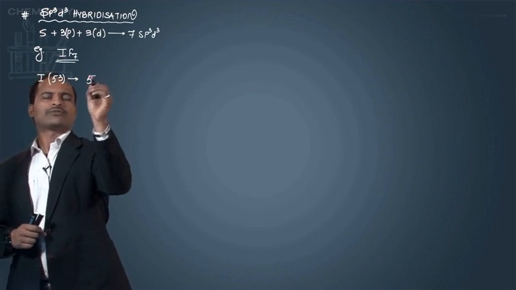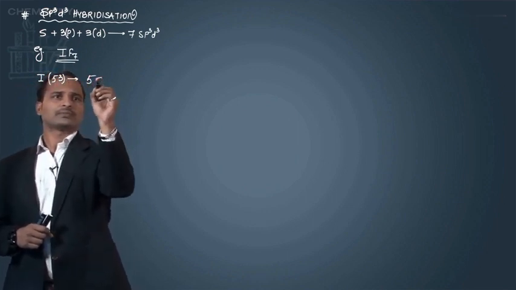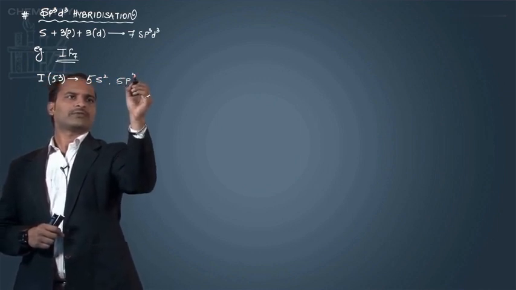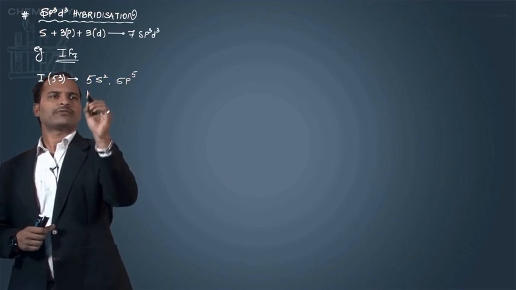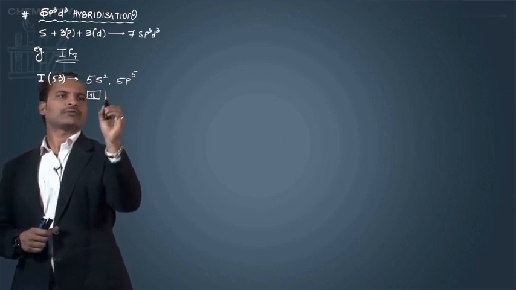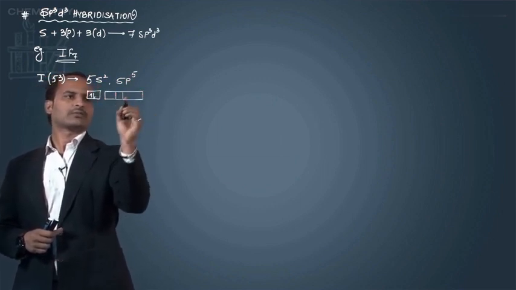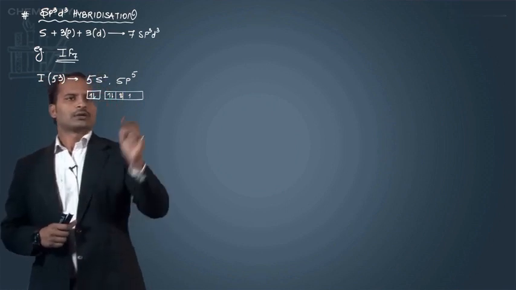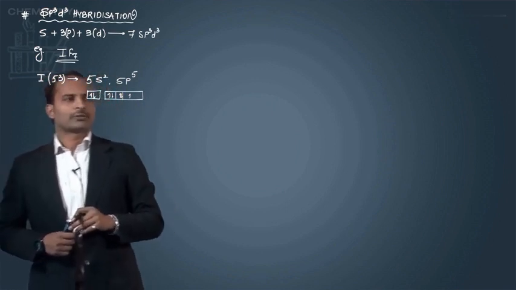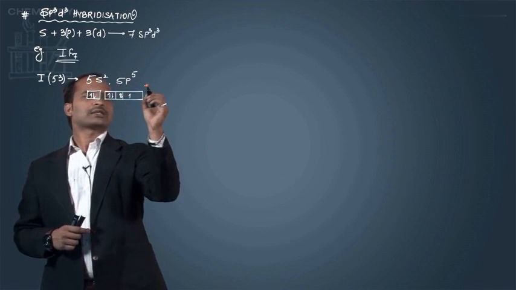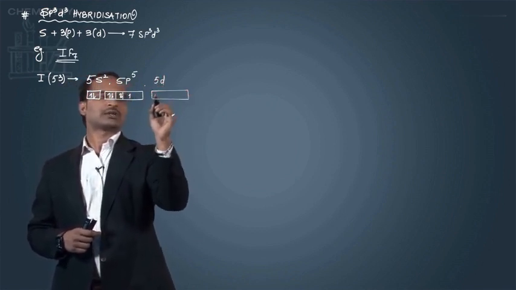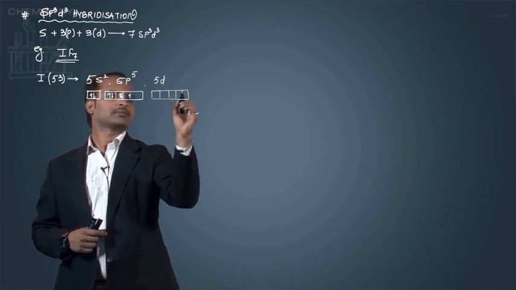The outermost shell configuration is 5s2 and 5p5, that means 5s has 2 electrons and 5p has 5 electrons. Here the total number of half-filled orbitals is only 1. In that case the electron will be excited to a higher energy level of the same shell, so it's a d orbital.